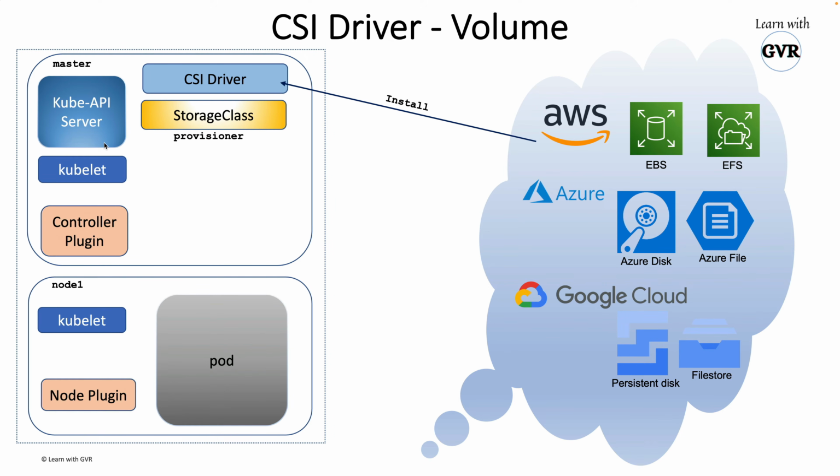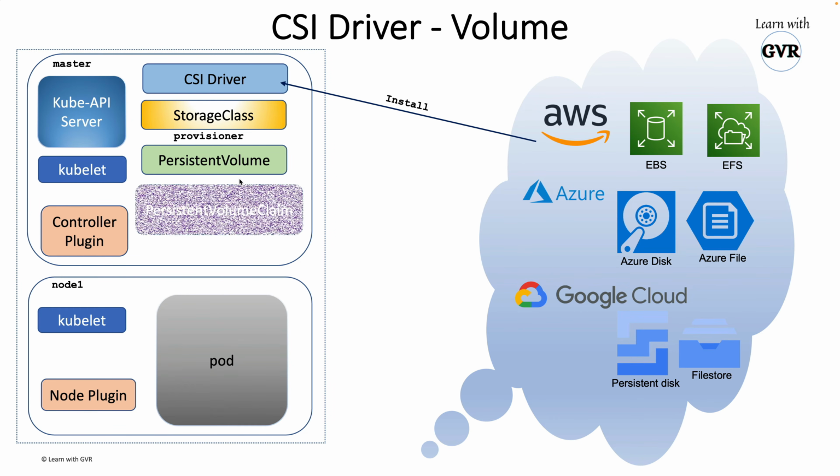During the CSI installation, it will install the controller plugin and a node plugin as well, and we need not know much detail about the controller and node plugin, unless you develop some plugins. After that, persistent volumes will be created and persistent volume claims will be attached to the pod.